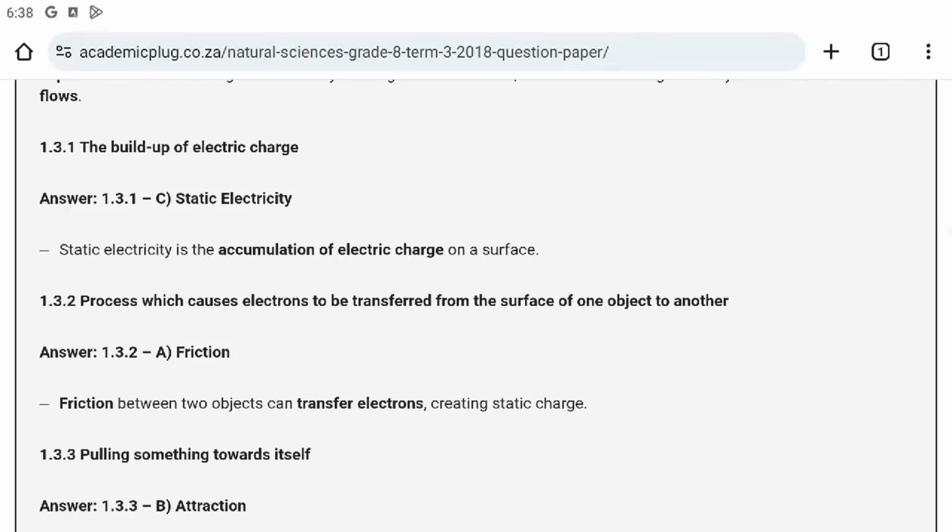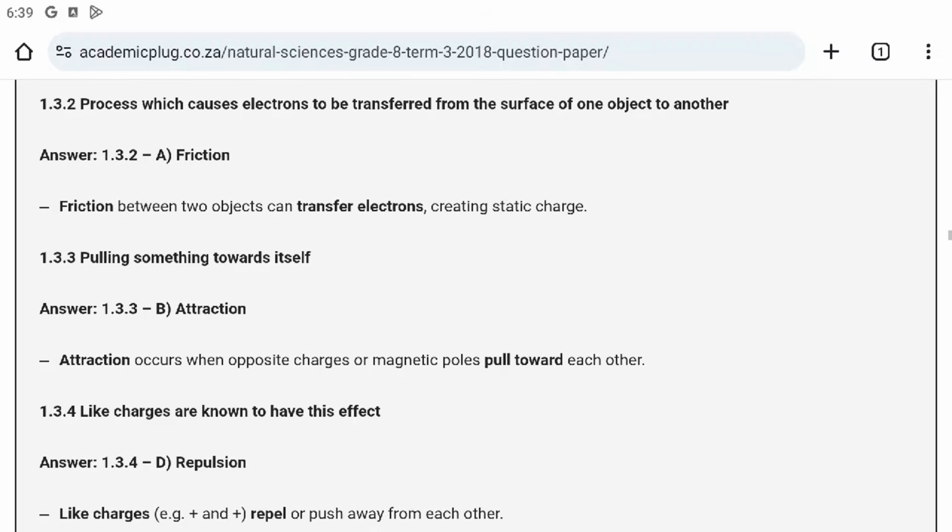Okay, so let's see what CAPS AI says about these ones. The building up of electric charge is static electricity. Static electricity is the accumulation of electric charge on a surface. 1.3.2, process which causes electrons to be transferred from the surface of one object to another. Friction.